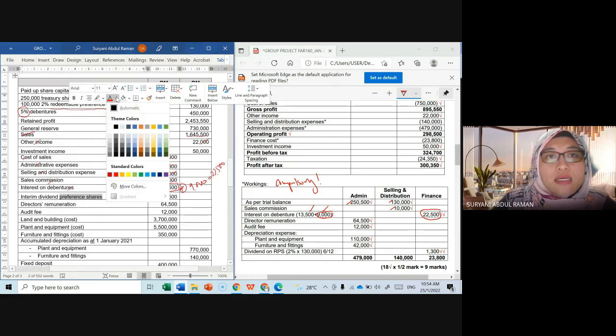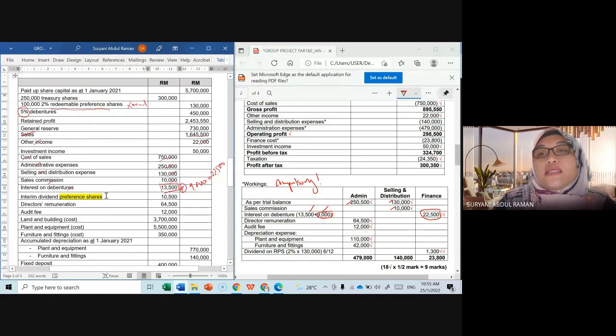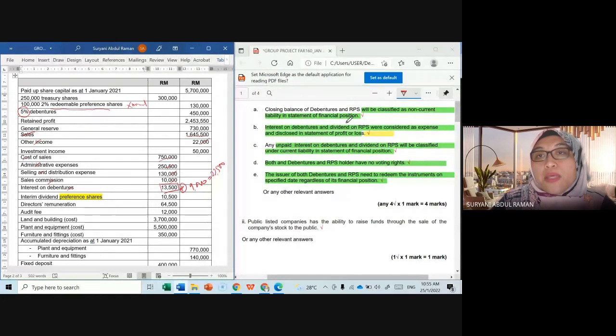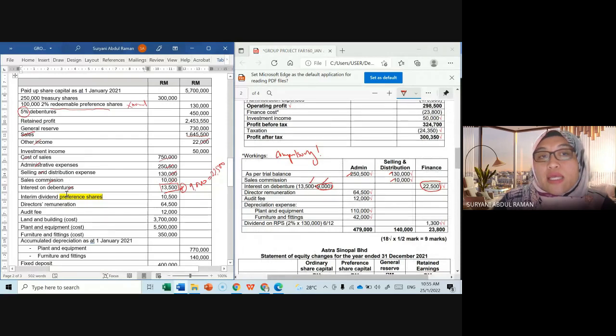So, class, be careful. This is a normal preference share, not the redeemable. Because if it is redeemable, as I told you earlier, the dividend on RPS is considered as an expense and disclosed in the SOPL, under finance cost. But this one is not. This is dividend for ordinary preference share, so this goes to equity.